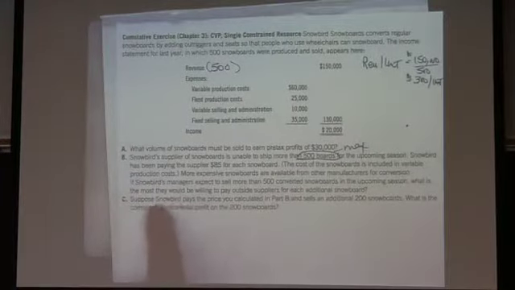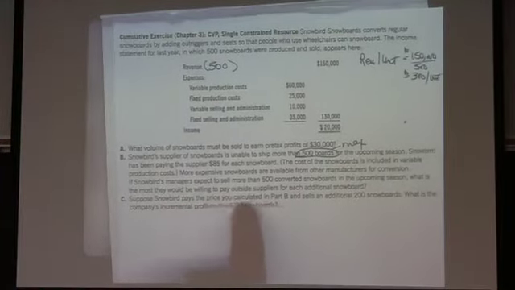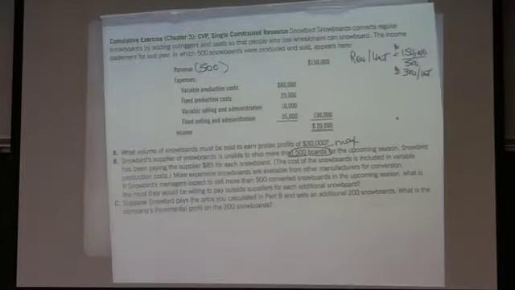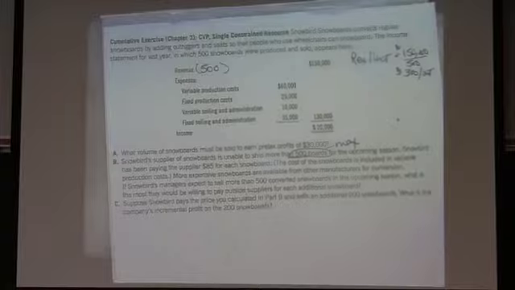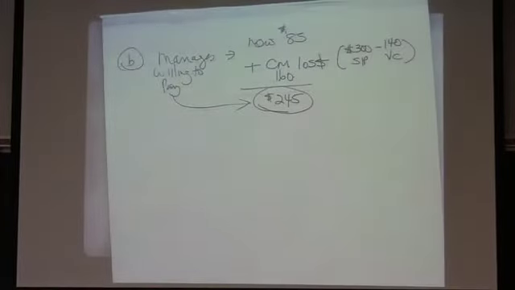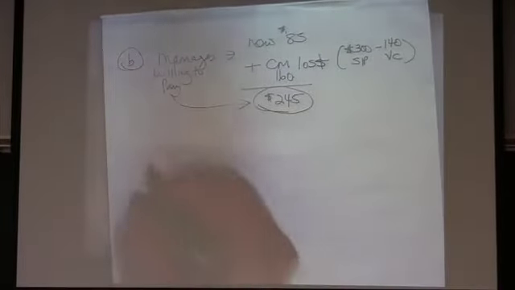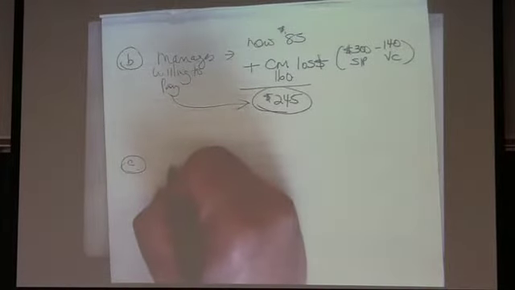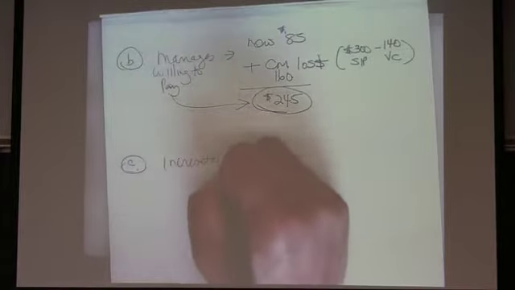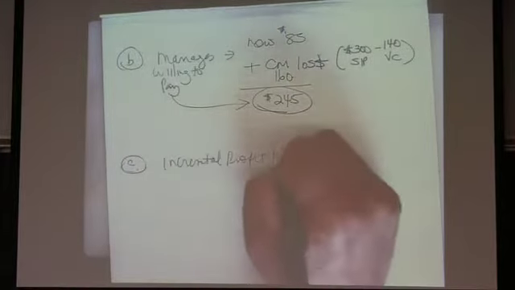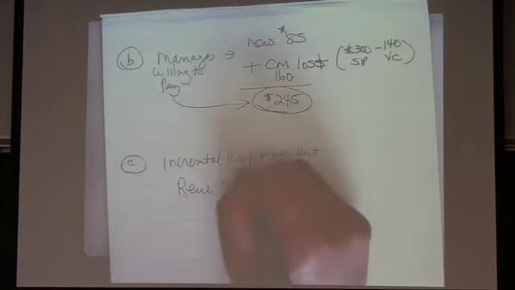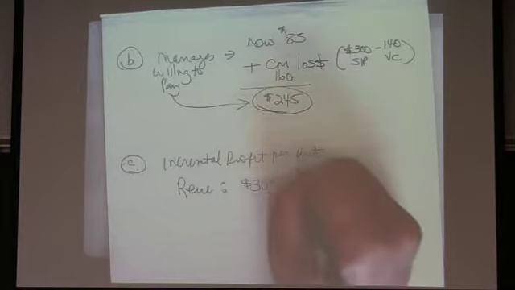Okay? Now part C asks, suppose that Snowbird pays the price you calculated in B and sells an additional 200 snowboards. What is the incremental profit of the 200 snowboards? So we know that for part C, the incremental profit per unit, revenue is going to be $300 per unit.